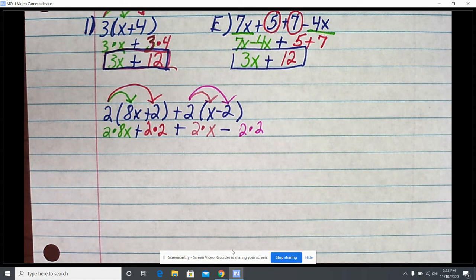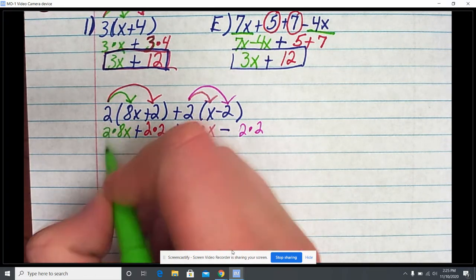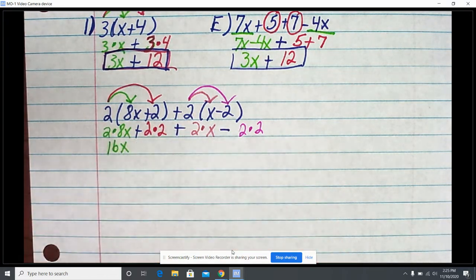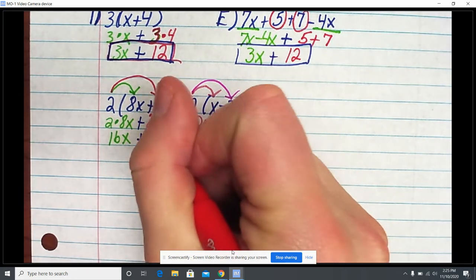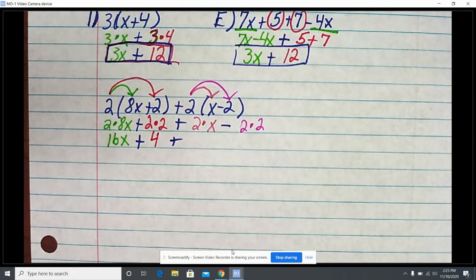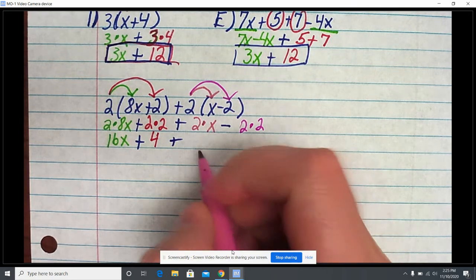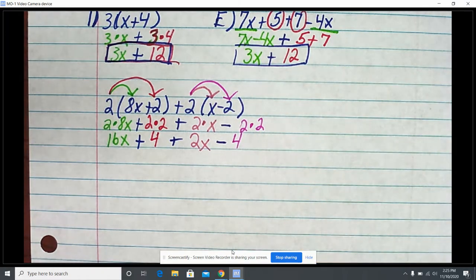Alright, now I can work out all the multiplication ones. So 2 times 8x, that gives me 16x, plus 2 times 2, which is 4, plus 2 times x, which is the same thing as 2 times 1x, which is just 2x, minus, and then 2 times 2, which is 4.